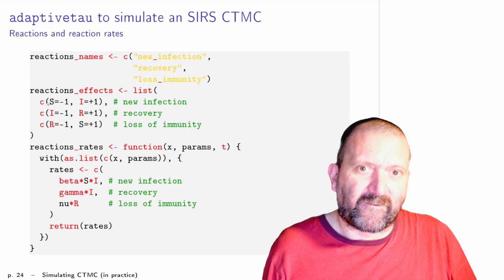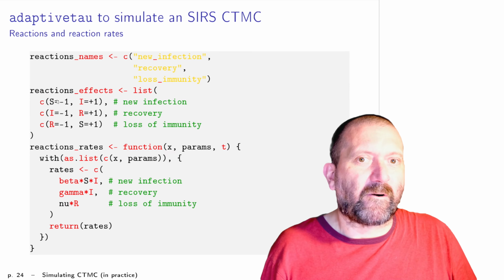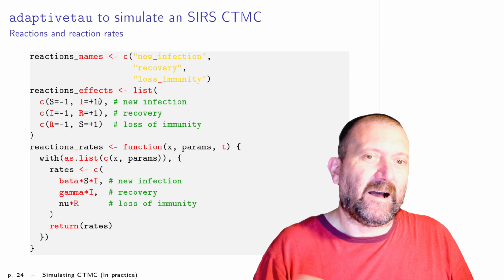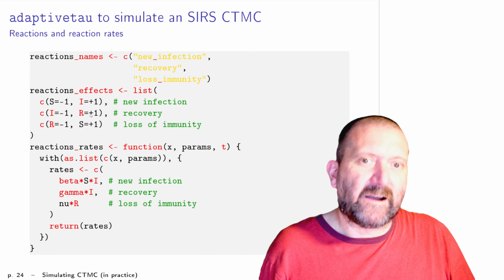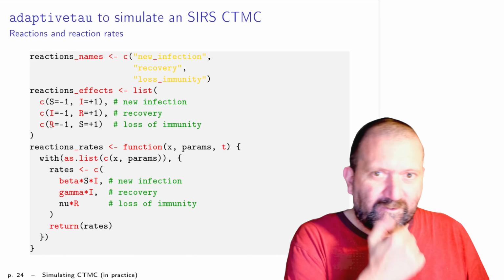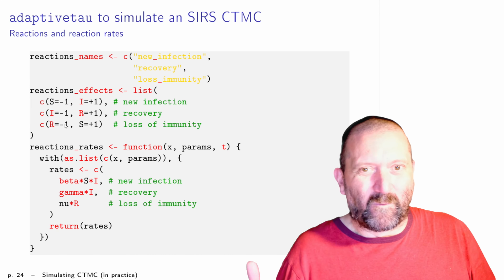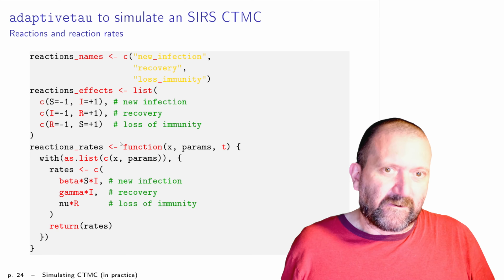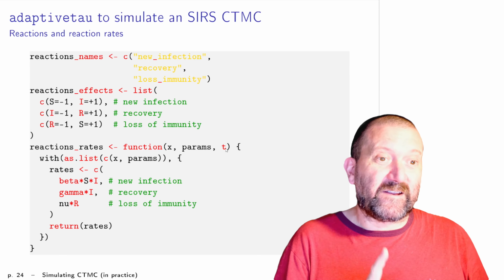That list says a new infection results in a decrease of 1 of S and an increase of 1 of I. A recovery is a decrease of 1 of I and an increase of 1 in R. And a loss of immunity is a decrease of 1 of R and an increase of 1 of S. Then I need a function which depends on the state parameters and potentially t.